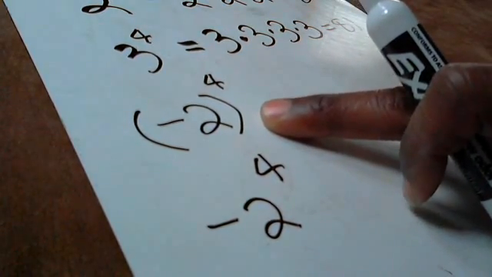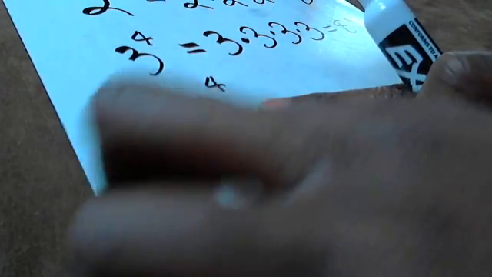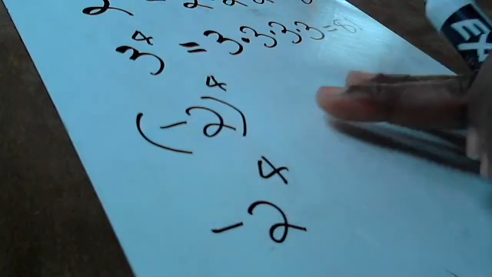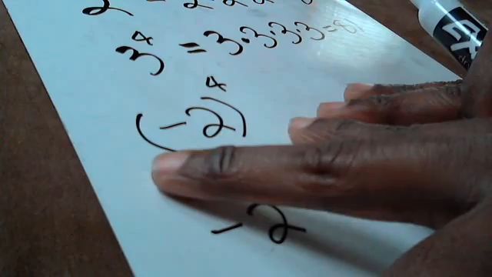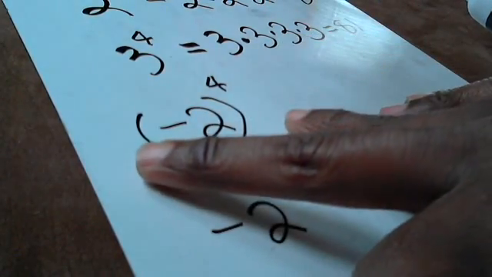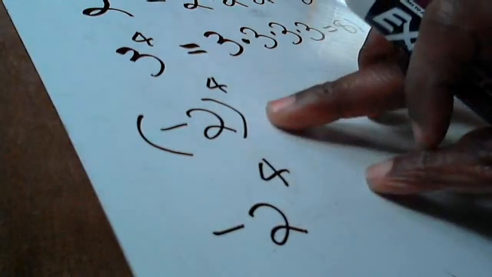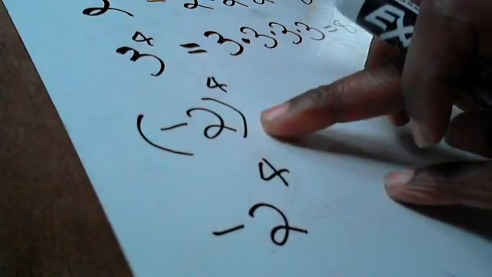There are different grouping symbols, but this grouping symbol is saying that this -2, you think of it as a package. This is -2. And remember, for an exponential term, we have an anatomy: there's a base and there's an exponent. Since there are parentheses here, that's saying that for this exponential term, the base is -2.